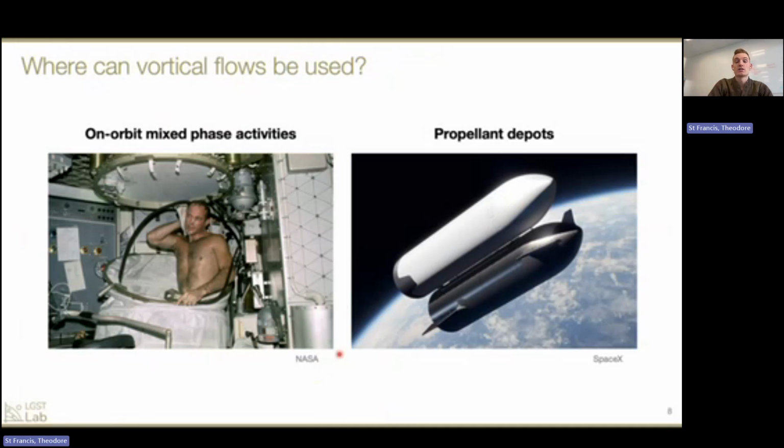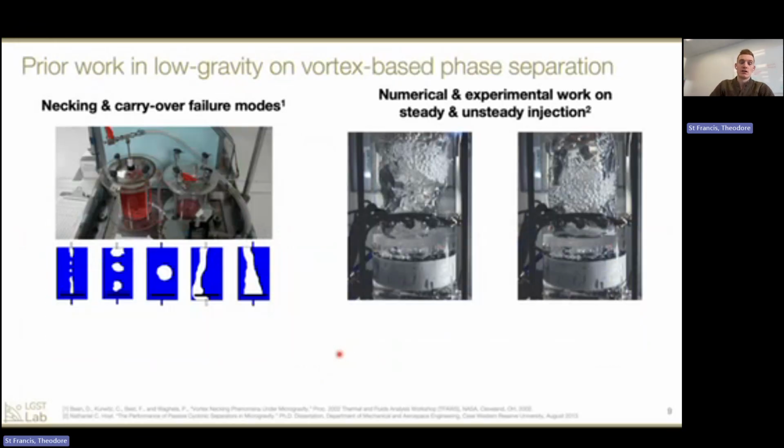So we want to make sure that if we are interested in getting either gas or liquid, we're going to get only that phase. And a vortical phase separator in either of these scenarios could be very useful in ensuring that phase separation.